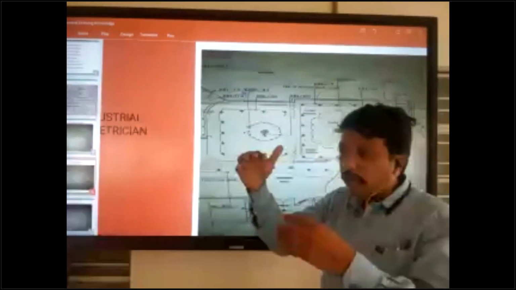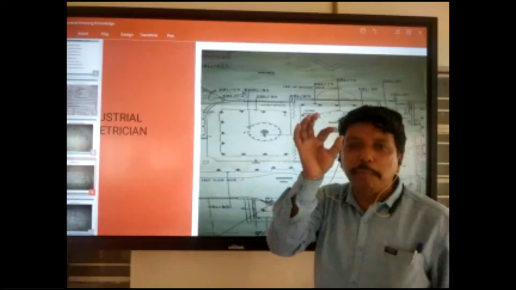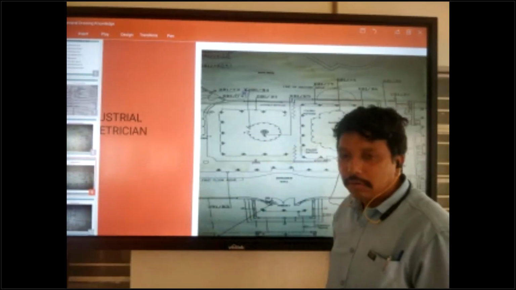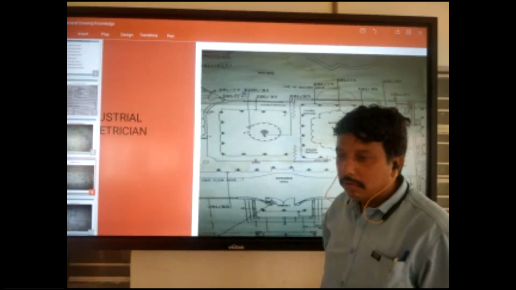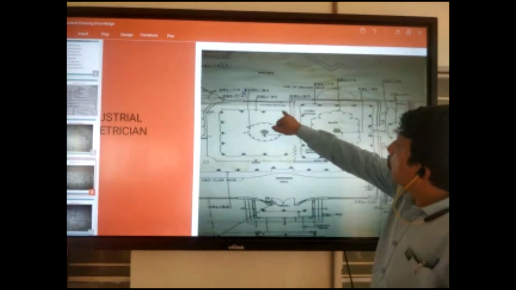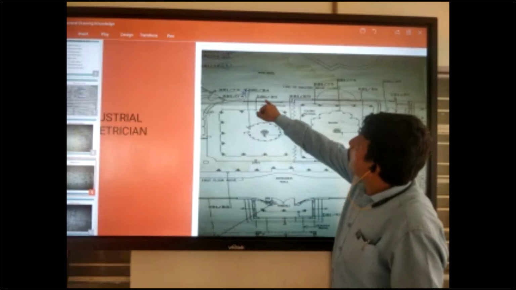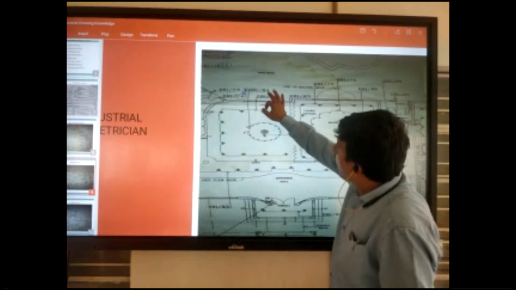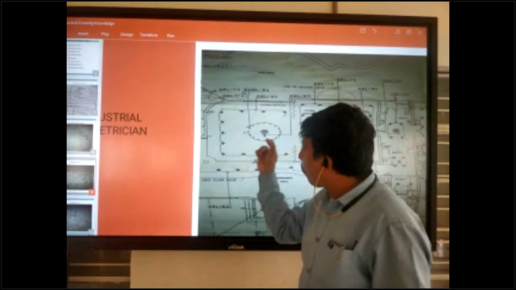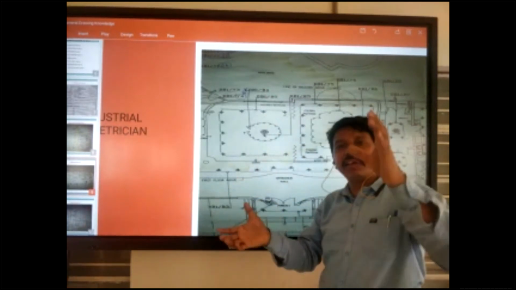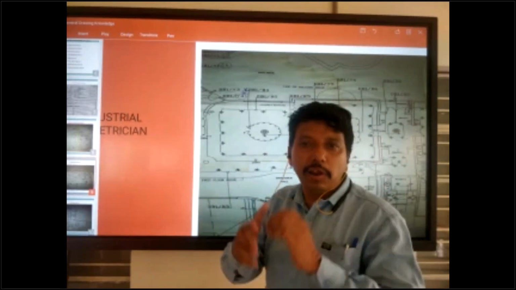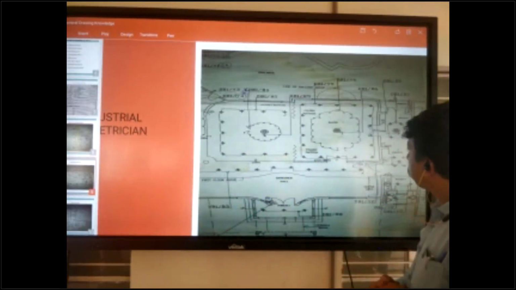Maybe tomorrow or the day after, parallel and series circuit is coming, and that time I will explain it. This one is DB1. You can take this only for how to read the drawing.